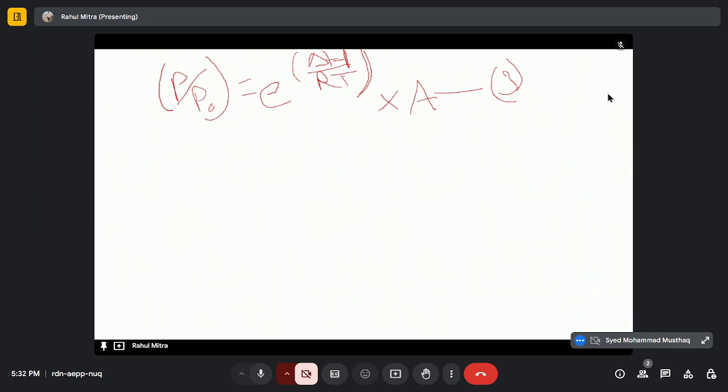If I take atmospheric pressure as 1 atmosphere, then P naught will become 1. So P equals to A times e to the power delta H by RT. So this is how the pressure changes.